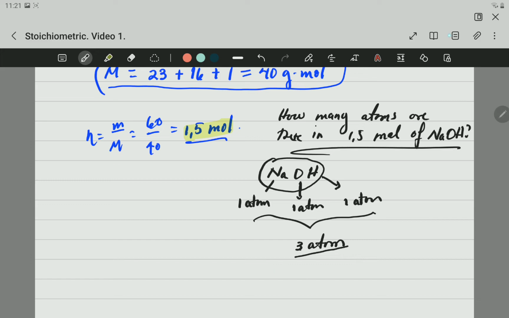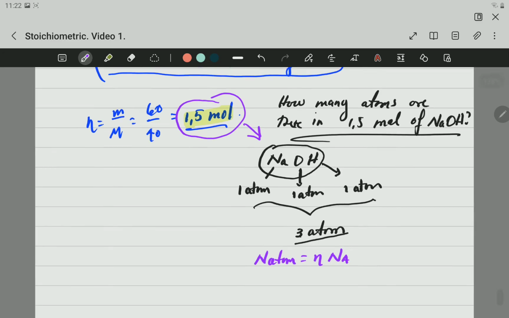You come to the first formula. We talk about number of atoms is equal to the number of mole multiplied by the Avogadro's number. Now, what is the number of moles here? It's 1,5, but 1,5 is the number of mole for the unit.